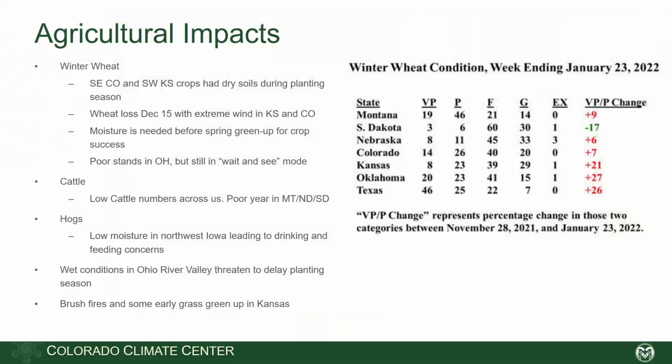Ag impacts, we definitely have a list of concerns going into this growing season. Winter wheat has a number of ongoing concerns. For instance, in Colorado and Kansas, it was dry around planting season. So with dry, hard soils, some of that wheat had to be drilled in. It's not as easy to keep it in the ground when conditions are like that.